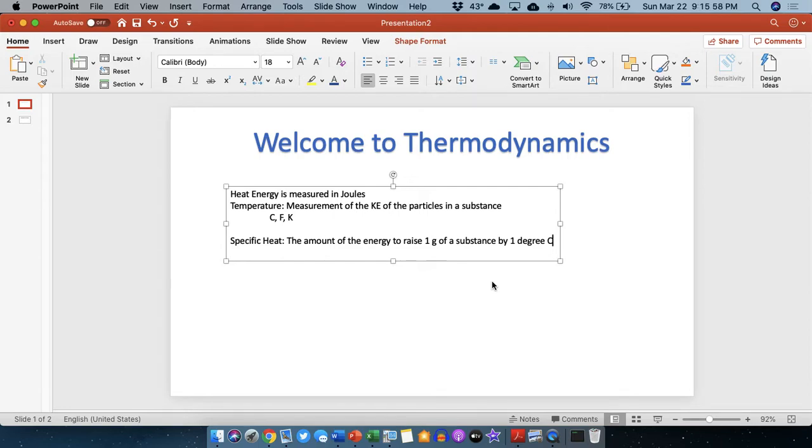All right. Most of the time your specific heat is going to be a decimal number, point something. The one big glaring exception to that rule is water. Water has a specific heat of 4.184. And by the way, the unit for specific heat is joules per gram degree Celsius.